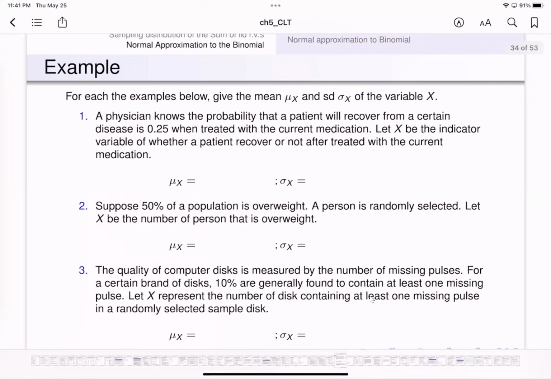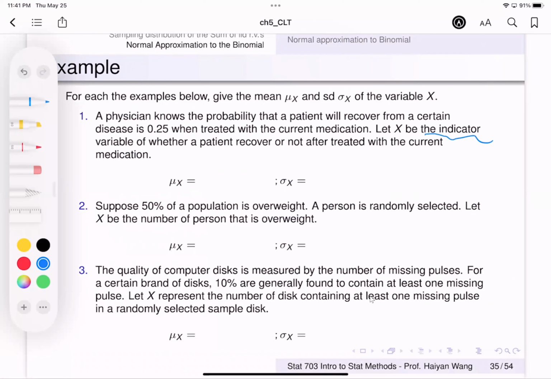So here, our x is just an indicator of recover or not. An indicator variable always means that it's either 1 or 0. So in this case, if a patient recovers, x is equal to 1, and x is 0 otherwise.